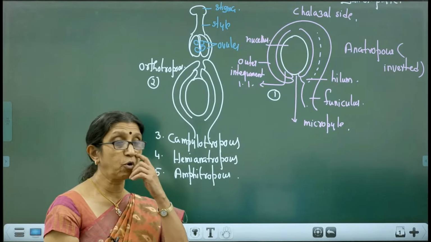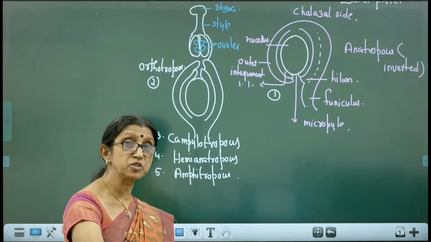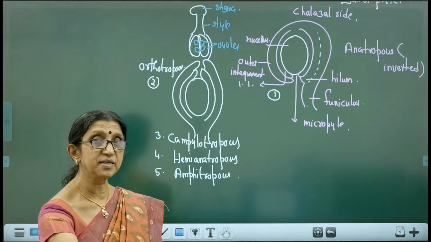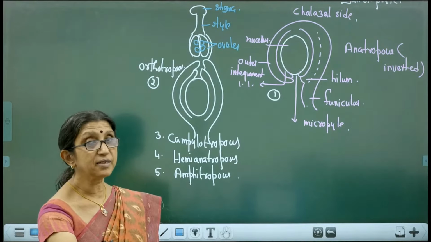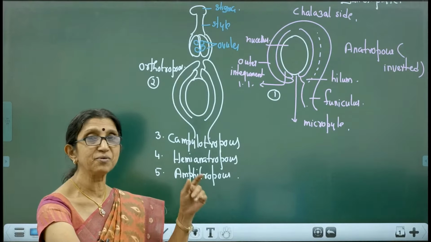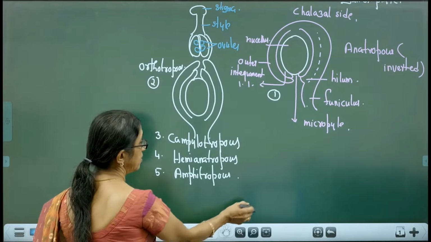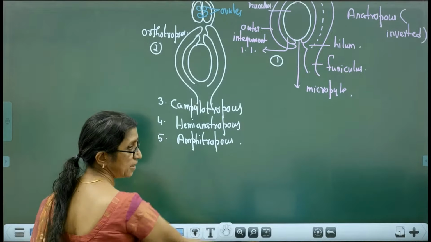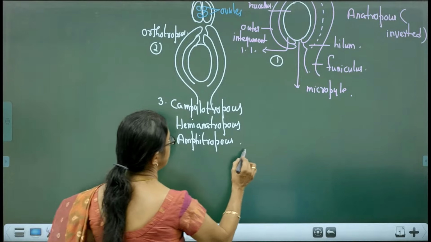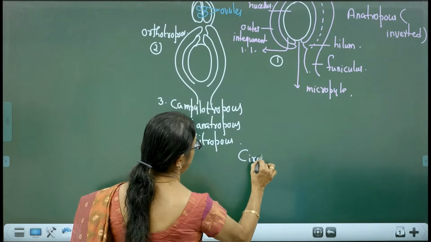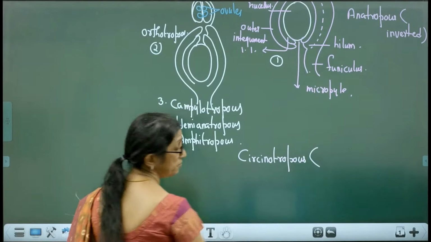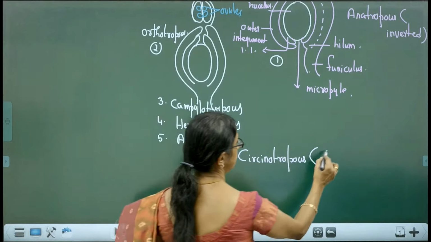So different types of ovules we can see, and this is based on the position of the micropyle with respect to the funiculus. Now for the family Cactaceae, there is a special type of ovule, and that is called cercinotropous. Remember, this is not a sixth type, but it is unique to the family Cactaceae, seen in members of the family Cactaceae.